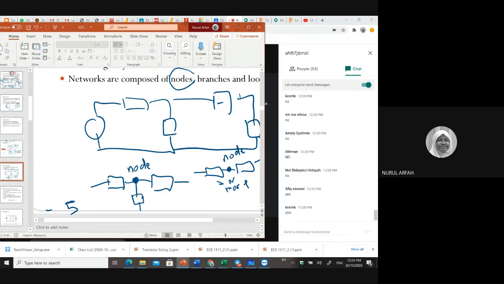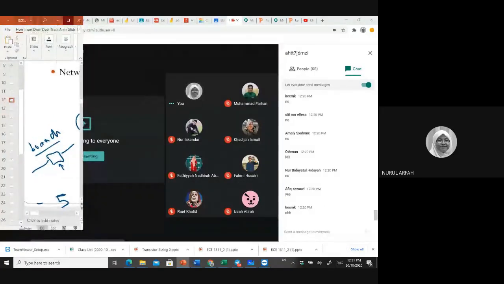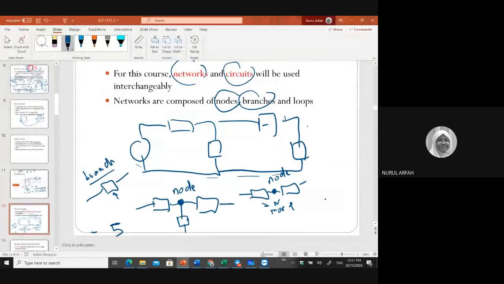Okay. All right. What is a branch? A branch is any element. So if you have an active source, then this is one branch. If you have this one as a resistor, this is another branch. So how many branches are there in this circuit? 5.